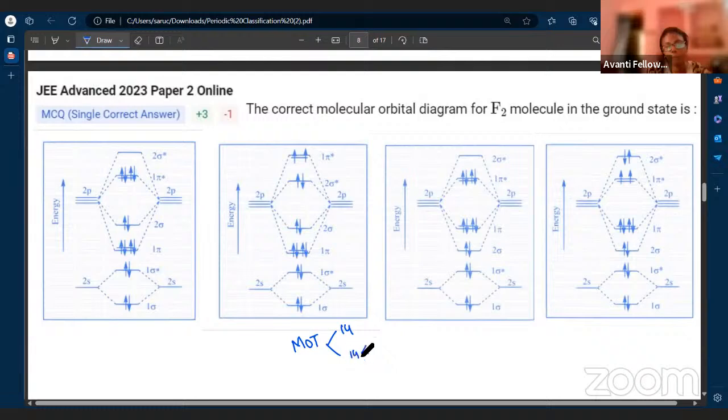So what happens when it is less than 14? Up to 14, when I take nitrogen, N2, we know that it has 14 electrons. Now, the outermost configuration of nitrogen is 2s2 2p3.